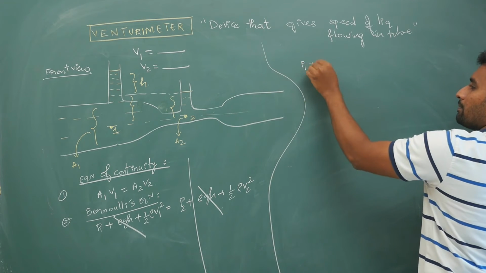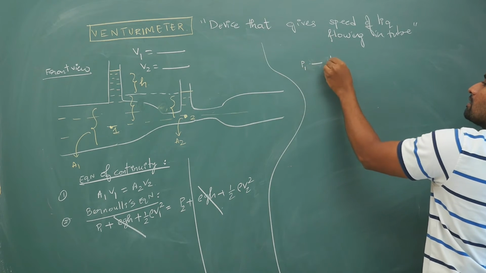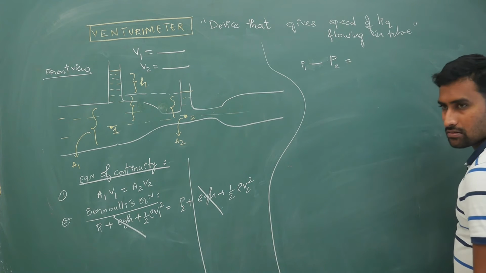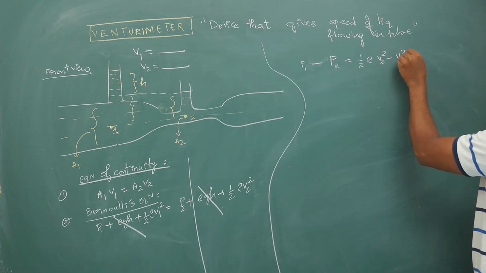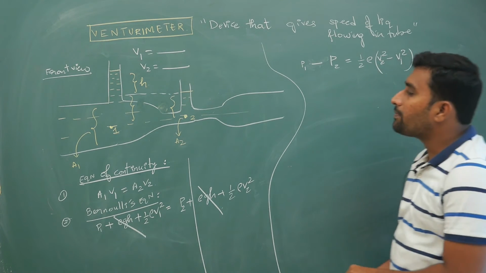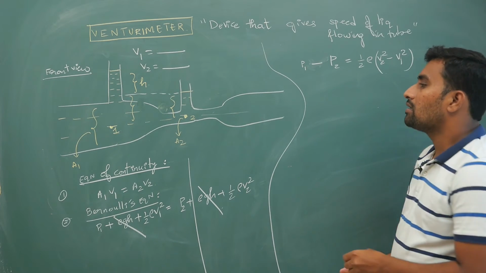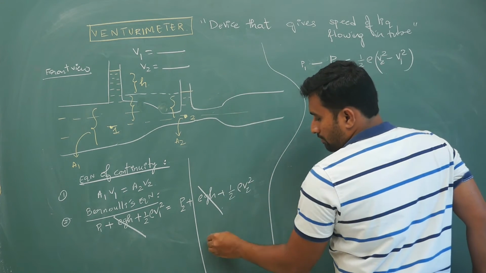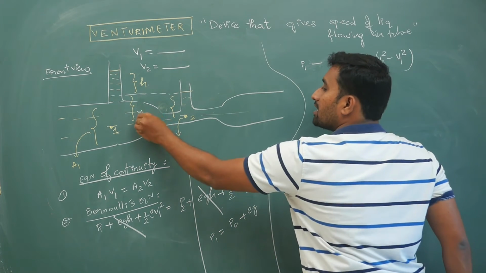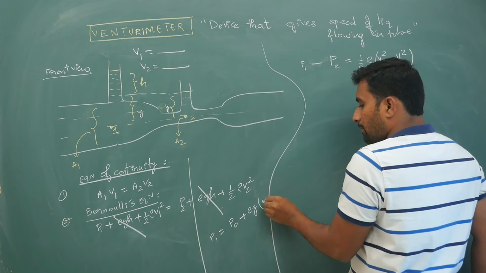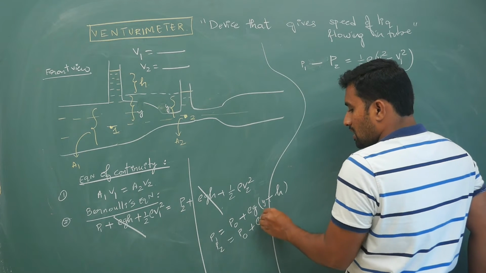So P1 minus P2 is half rho, V2 square minus V1 square. Now what is the pressure difference between these 2 points? Pressure at 1 is P0 plus rho g into y plus h, and P2 is P0 plus rho g y.